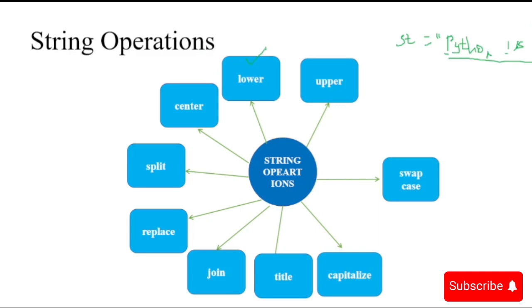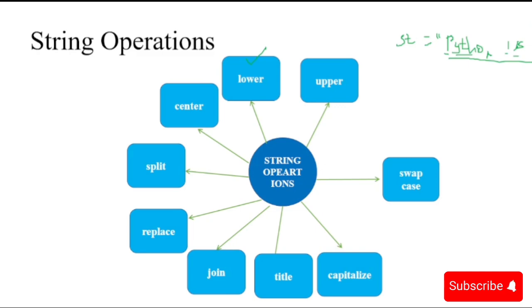And then we have upper, whereby the upper string operation converts all the characters in a string to uppercase. So we have "Python is easy", and we'll get all these characters in uppercase. That is the upper string operation.